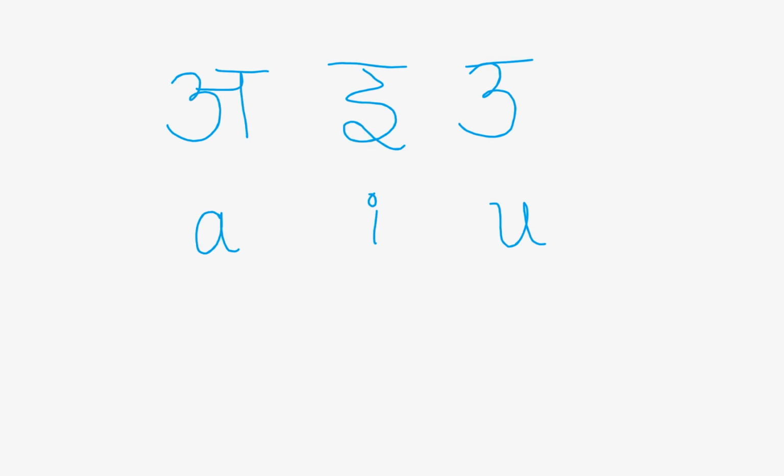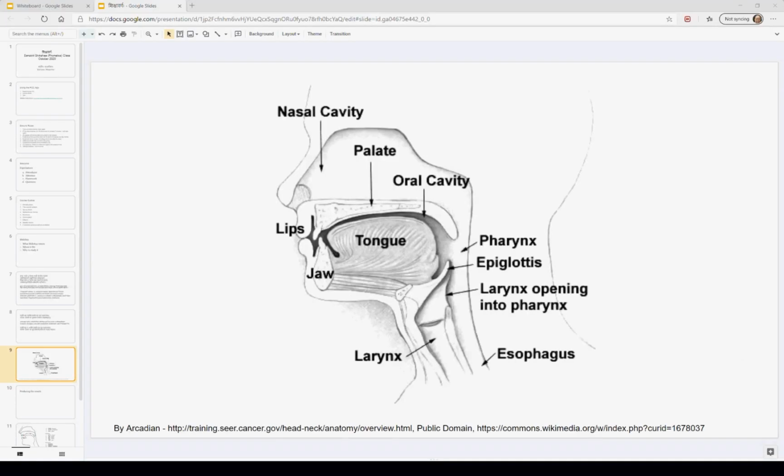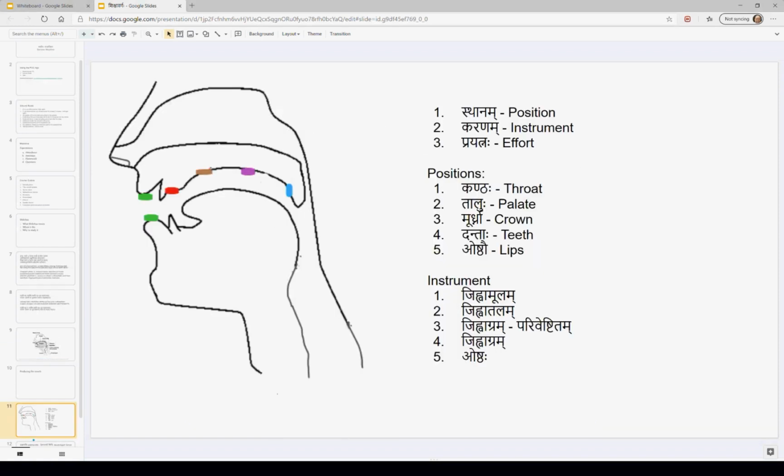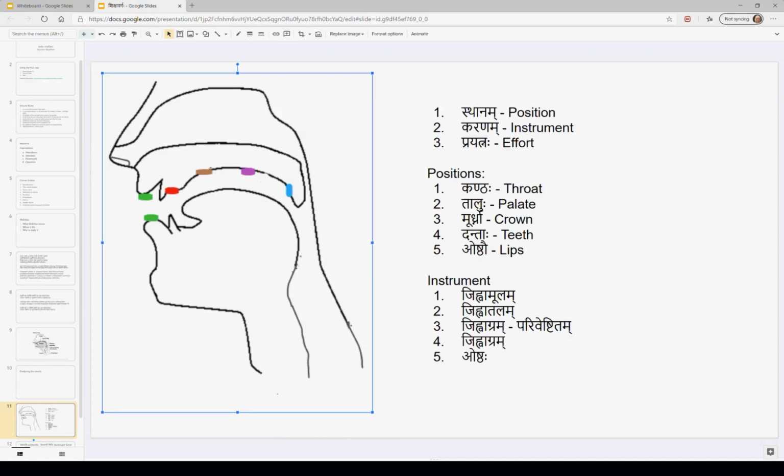The position of the tongue raises up like this, but it does not touch anywhere in the mouth cavity.